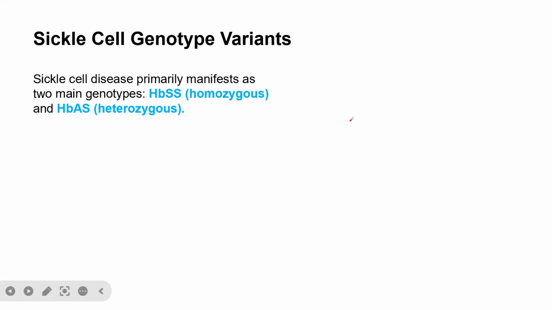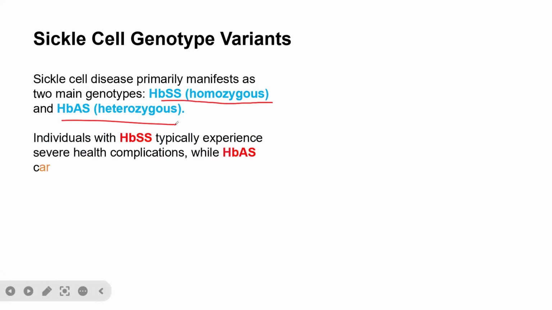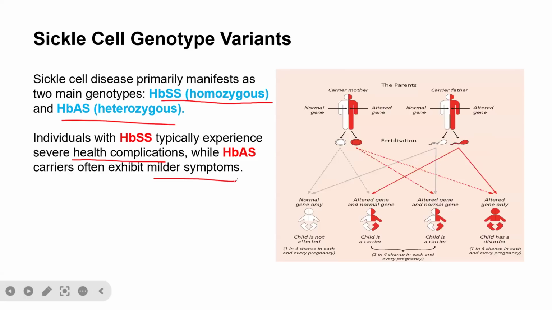So the hemoglobin SS is an individual with the disease, and hemoglobin AS is the carrier. An individual with hemoglobin SS typically experiences severe health complications of the sickle, while an individual with hemoglobin AS exhibits milder symptoms of the disease.